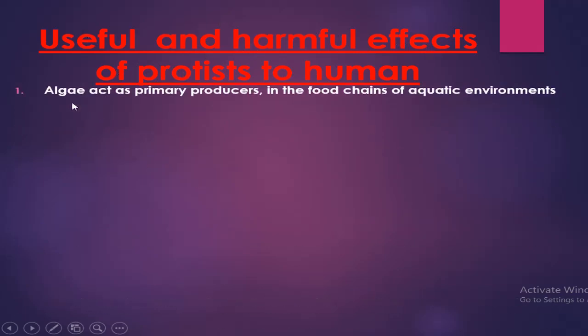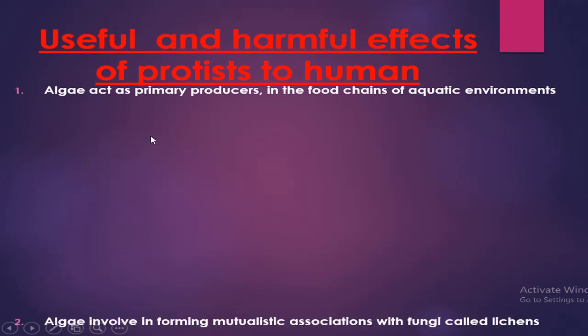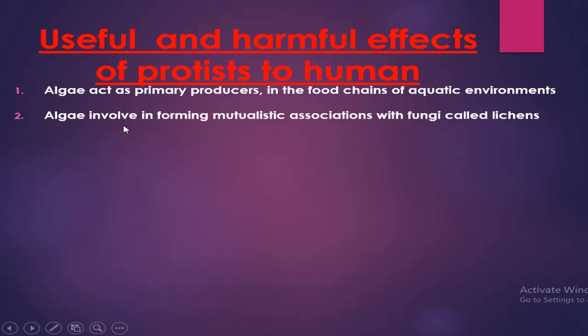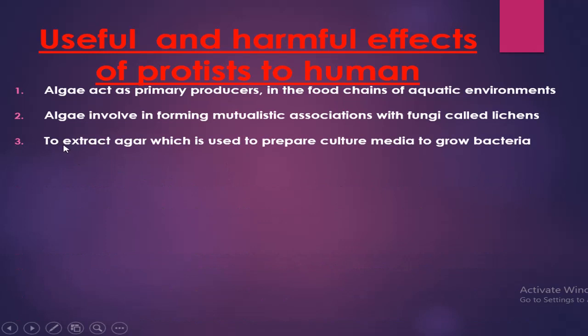First, in the aquatic environment, algae act as the primary producer in the food chain. Next, algae are involved in forming a mutualistic association with fungi called lichens. Next, algae are used to extract agar, which is used to prepare culture media to grow bacteria.